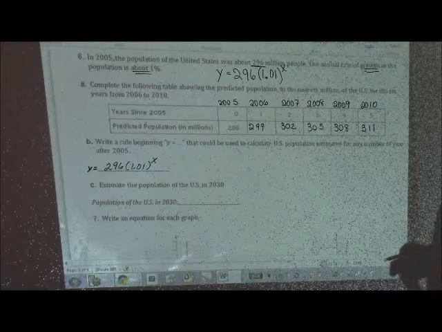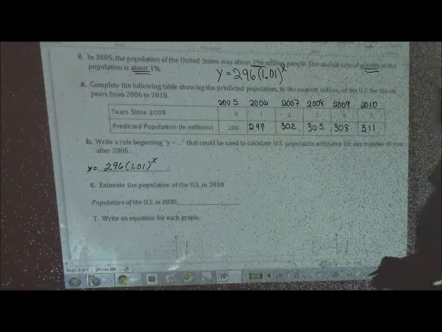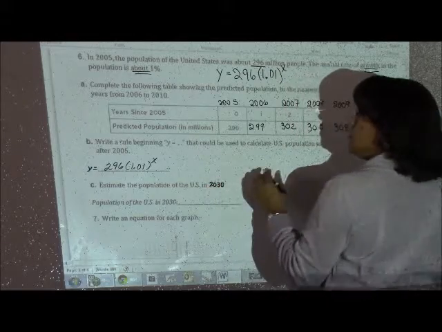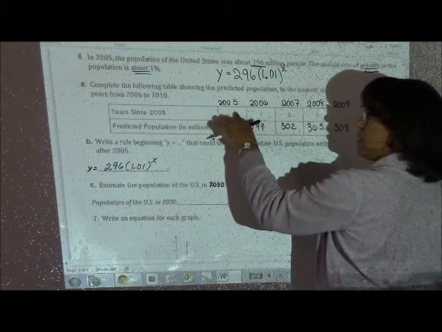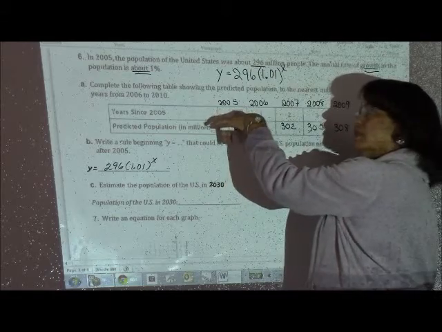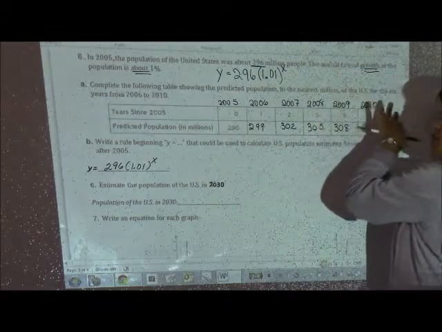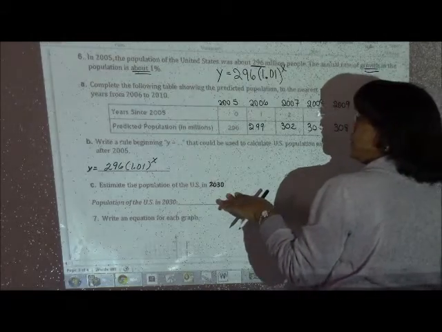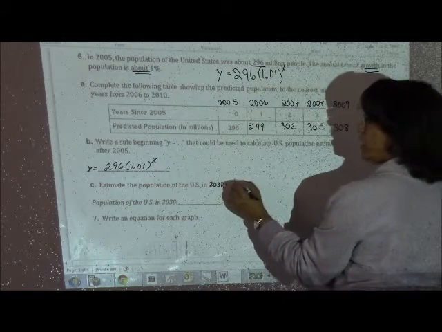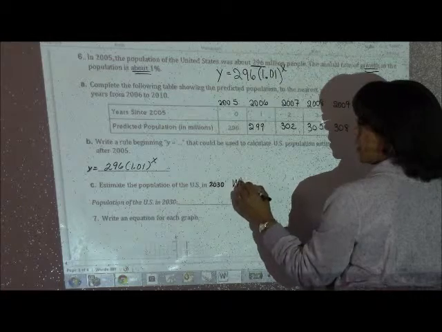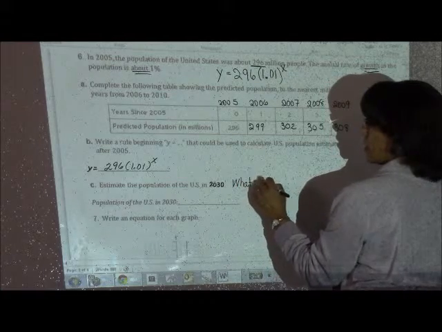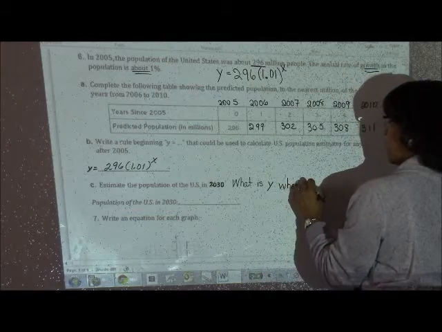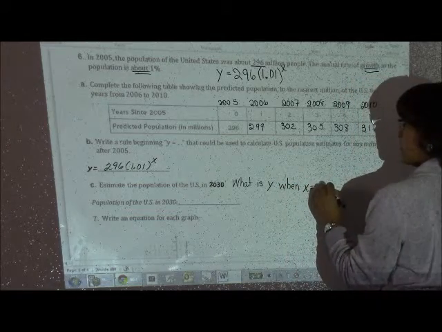Okay, estimate the population of the United States in 2030. So if we look at our table, 2005 is right here. So how many years from 2005does it take to get to 2030? 25, good. So we're looking for what is y when x is equal to 25.